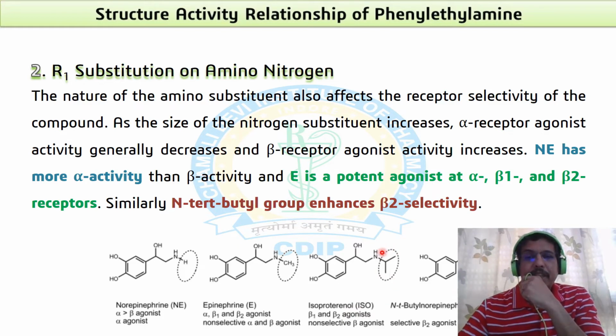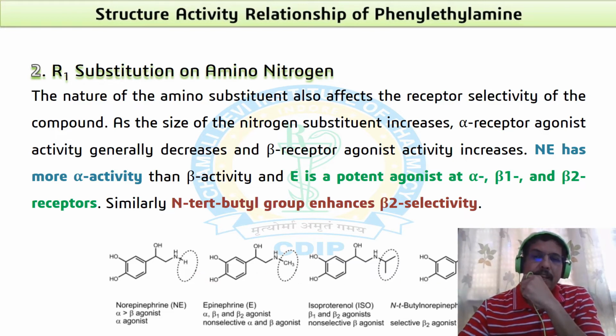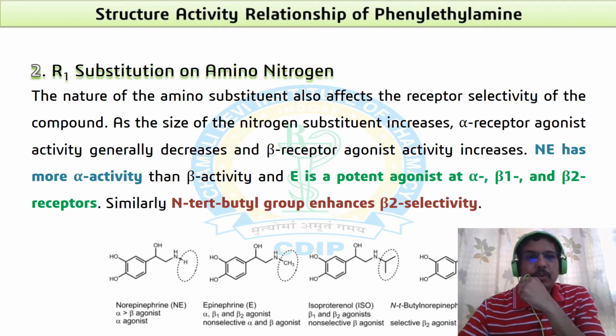But if we change this isopropyl moiety to tertiary butyl, it is converted into salbutamol, and this compound is quite selective towards beta 2. So once we increase the size of substitutions up to a certain limit, the selectivity pattern changes. If it is the smallest, then it is alpha; then we move towards tertiary butyl, and it is beta 2 selective.